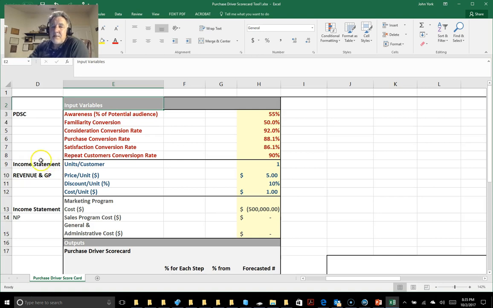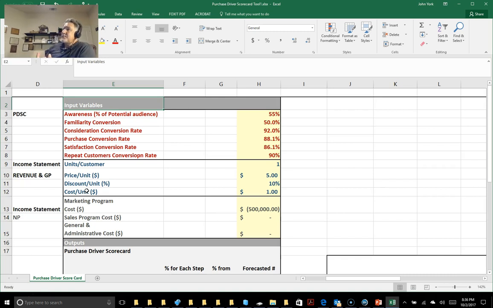Okay, and then what I've input as input points as well in terms of variables is the income statement. So relative to revenue and gross profit: the units per customer, price per unit, discount per unit, which you need to keep in mind because that happens, and then the cost per unit, which is basically variable costs.